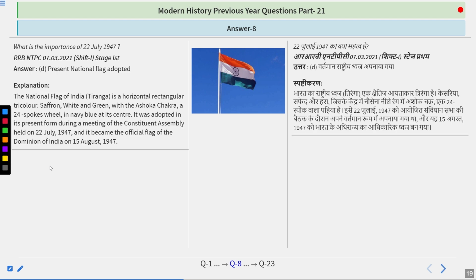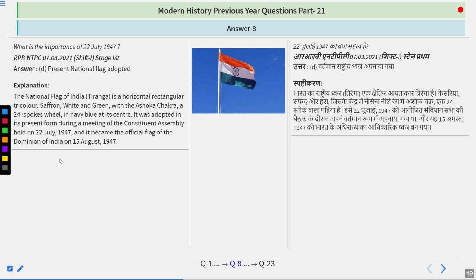So the national flag of India, that is Tiranga, is a horizontal rectangular tricolor, saffron, white and green, with the Ashok Chakra, a 24 spokes wheel in navy blue at its center. It was adopted in its present form during the meeting of the Constituent Assembly held on 22nd July 1947, and it became the official flag of the Dominion of India on 15th August 1947.